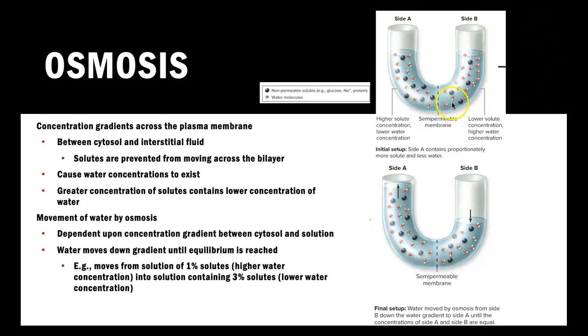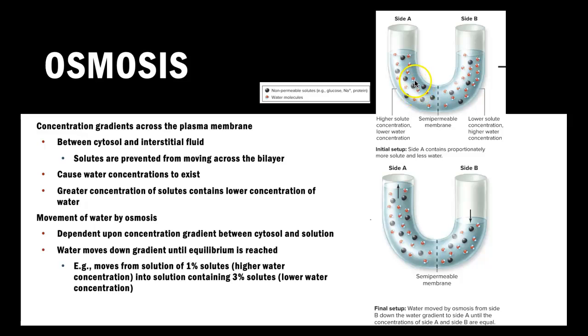So here we see the solutes cannot move, but we will see the water moving depending on how these solutes are distributed. So when we have a greater amount of solutes on one side, we will see water travel to that area until we have an even distribution. So here we see the black circles here are representing our solutes.